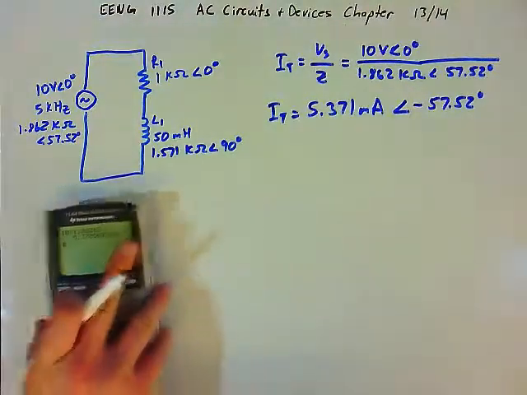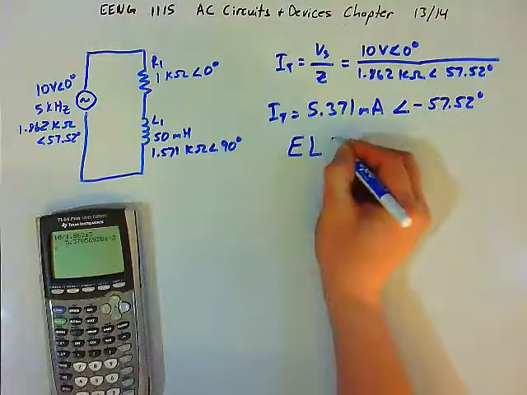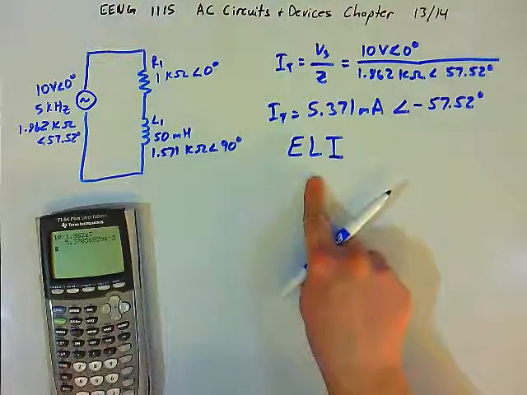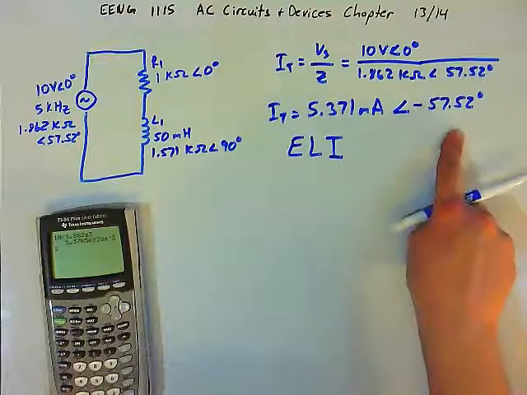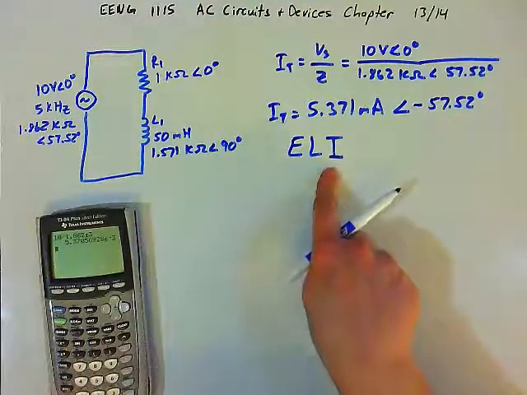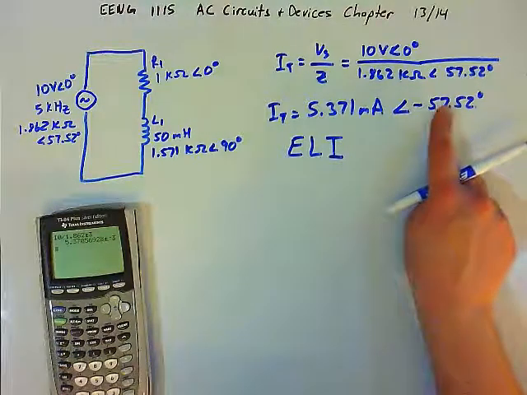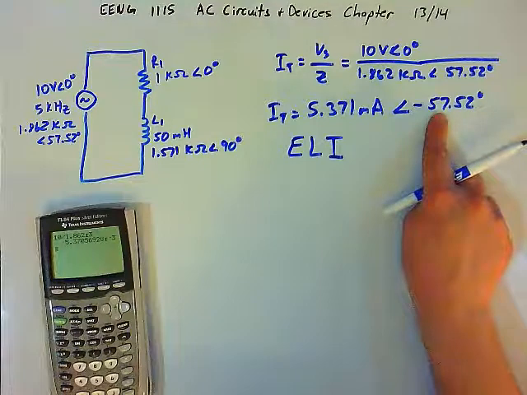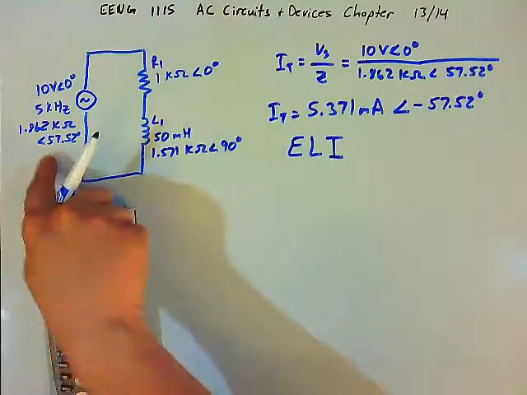And what we see here is that in the inductive circuit, even though we also have a resistor in the circuit, ELI, the voltage is going to be leading the current. The current is going to have a negative angle. Now, we've added the resistor in the circuit. It no longer is trailing by 90 degrees, but it's still trailing. And the reason the angle came out different is because we've added a resistor to the circuit, and that's what gave us a different angle here.